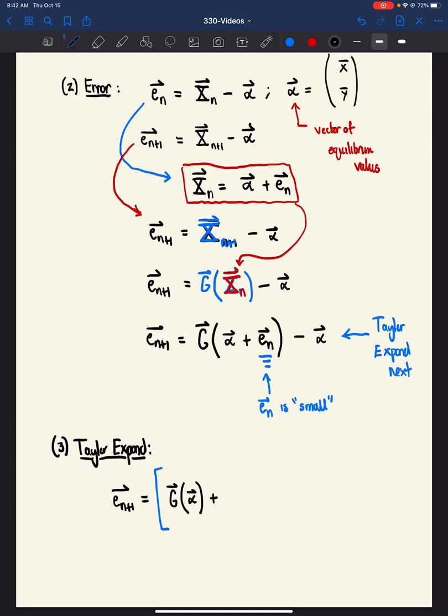And now, this isn't as easy as it may seem, but what we actually do is apply the equivalent of a first derivative operator in this multi-valued sense, which is our gradient operator. And we apply the gradient directly onto our function g, evaluated at that equilibrium point.